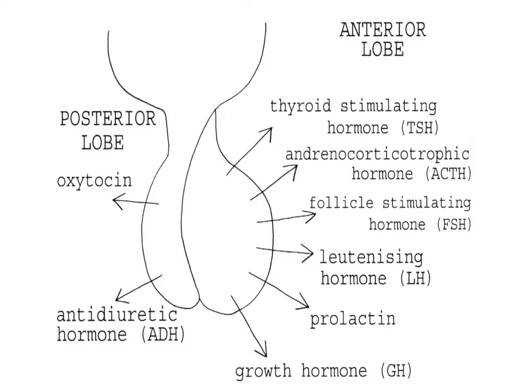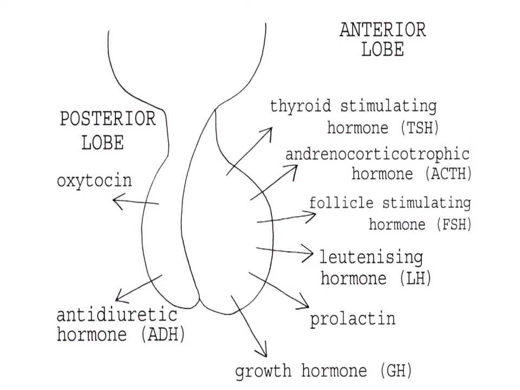And in this case, the oxytocin contracts the milk ducts to stimulate the release of the milk from the nipple in the process of milk letdown. So we sometimes say that oxytocin stimulates milk letdown, the actual secretion of milk from the nipple on the breast.